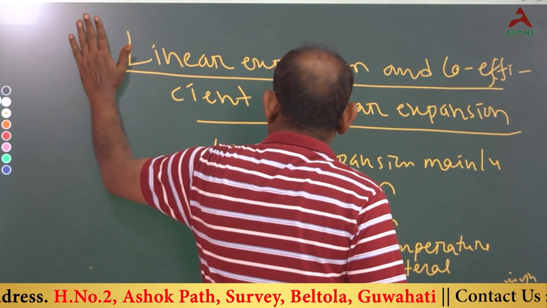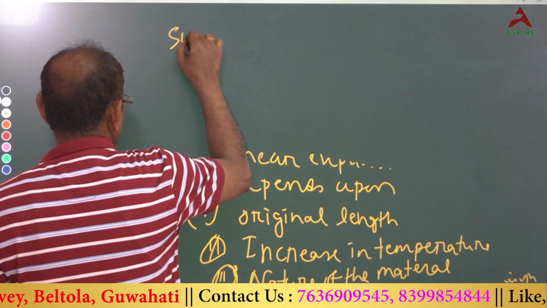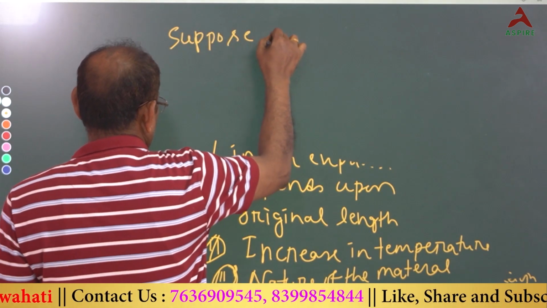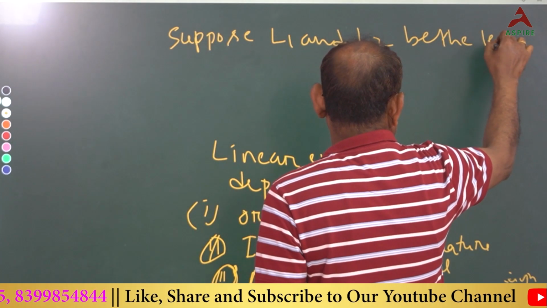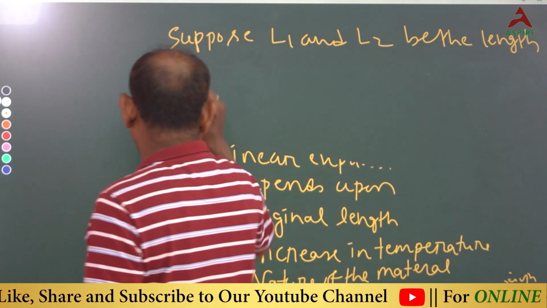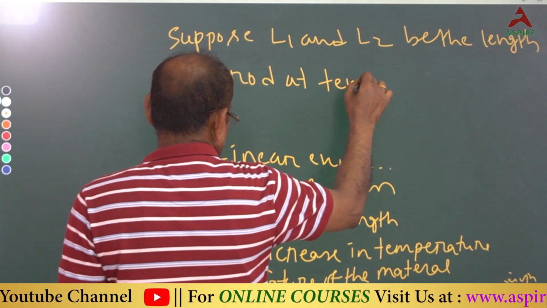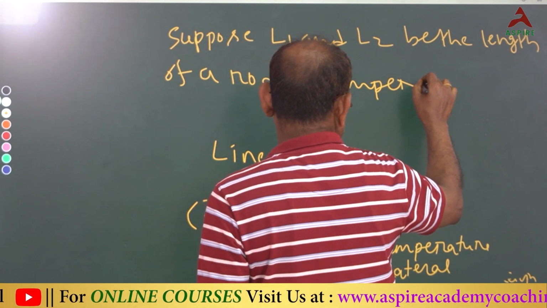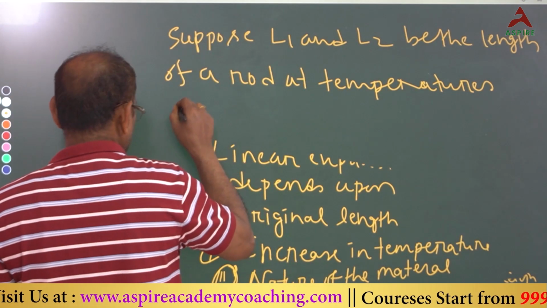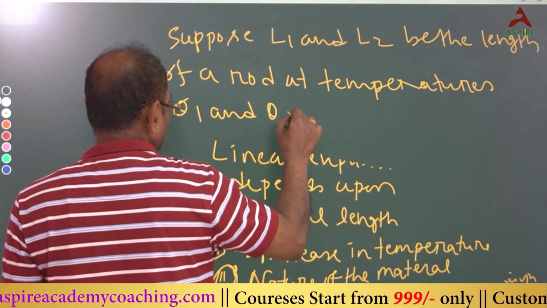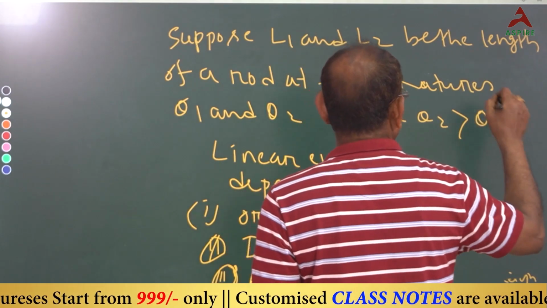Now here, how it depends on original length and change of temperature. Suppose L1 and L2 be the lengths of a rod at temperatures theta 1 and theta 2, where theta 2 is greater than theta 1.